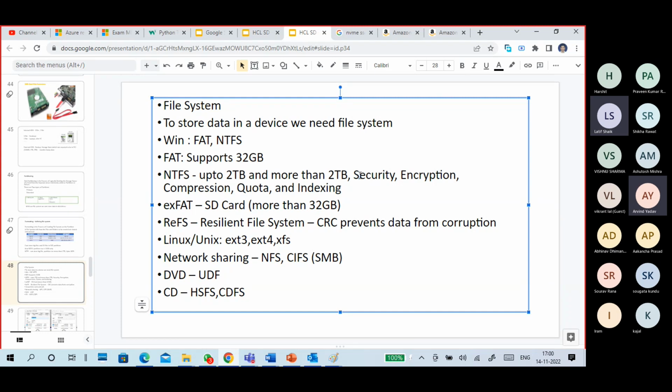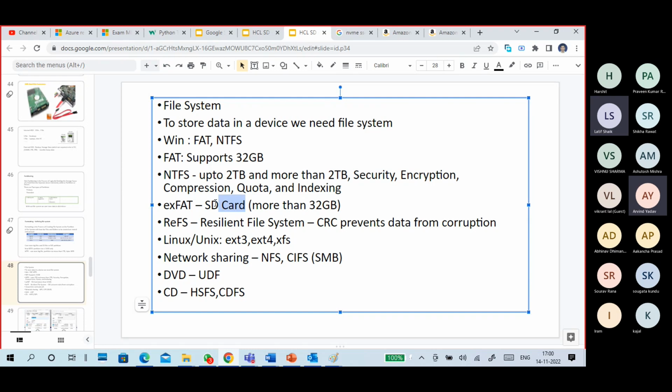FAT does not have these features, and FAT supports a maximum of 32 GB. Still we are using FAT in SD cards. In olden days, SD cards were 32 MB, 500 MB, 1 GB, 2 GB, 4 GB, 8 GB sizes.